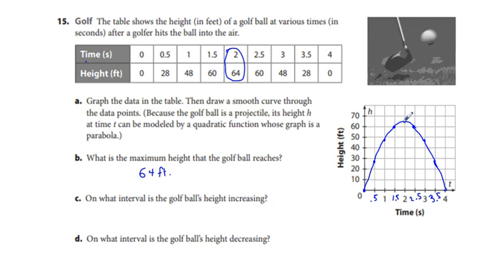Well, in inequality notation, we are increasing from the moment the ball is hit, time equals 0, up to 2 seconds. And if we want to write this in interval notation, we can write this as bracket 0, 2.